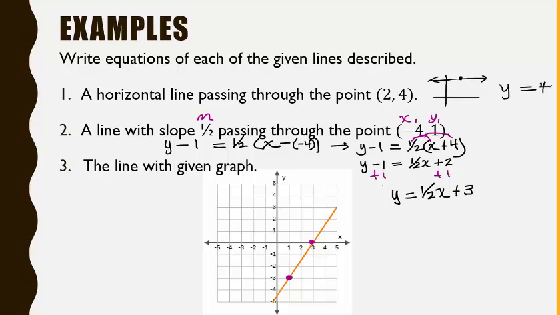And we can do one of two things to find the slope. We can count on the graph going from one point to another. So we count the rise, which is 3, and the run, which is 2, and get a slope of 3/2.